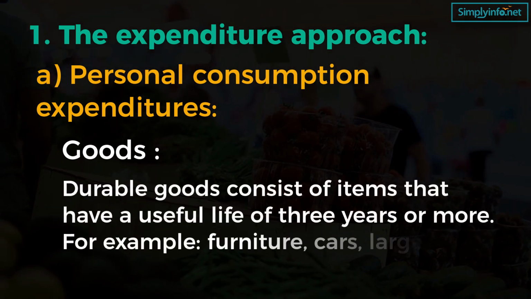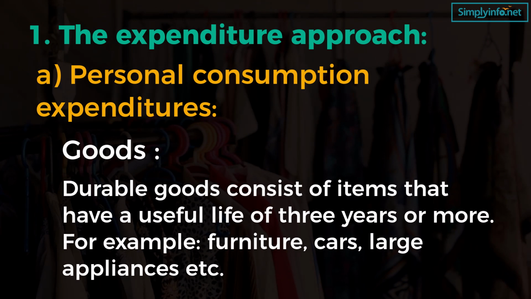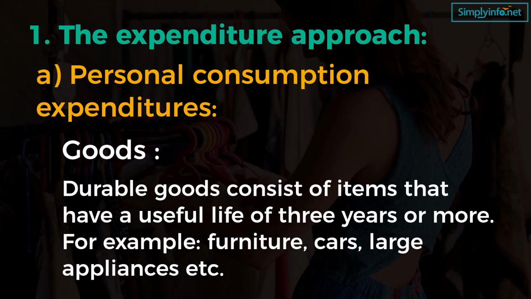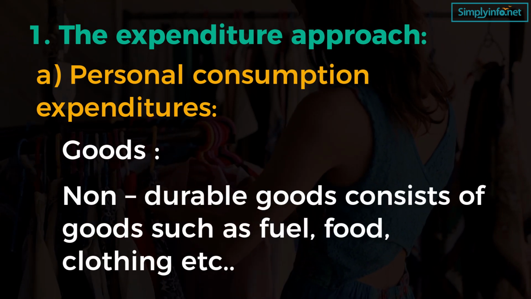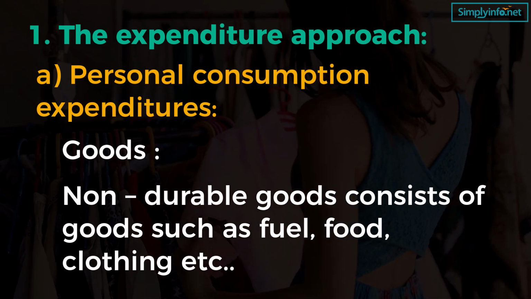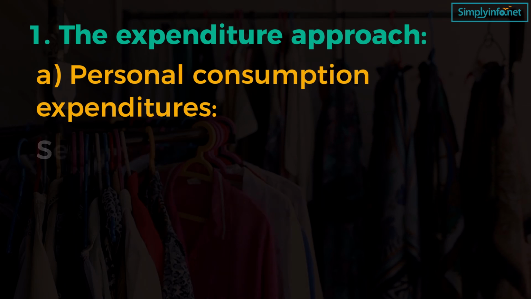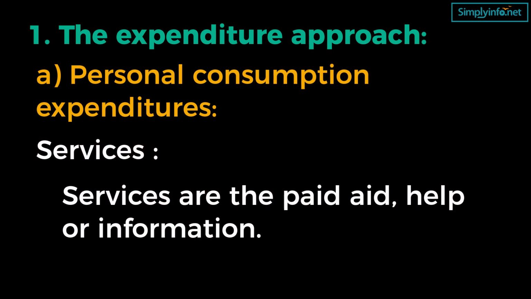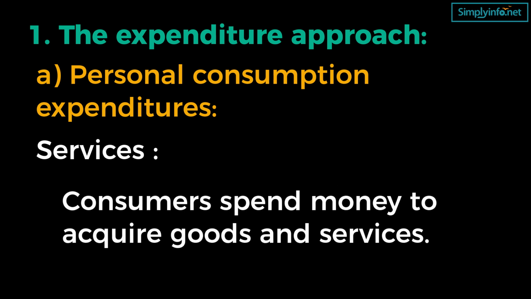Durable goods consist of items that have a useful life of 3 years or more, for example, furniture, cars, large appliances, etc. Non-durable goods consist of goods such as fuel, food, clothing, etc. Services are the paid aid, help, or information. Consumers spend money to acquire goods and services.